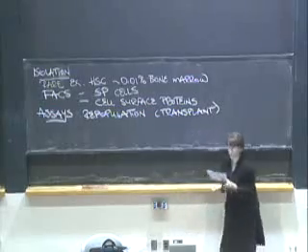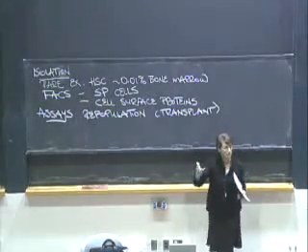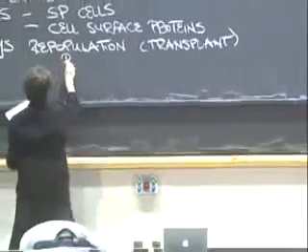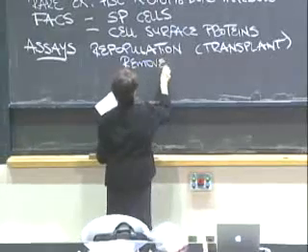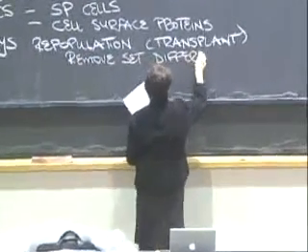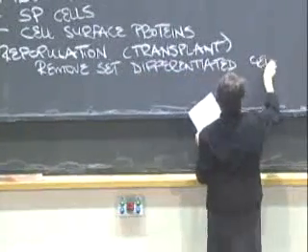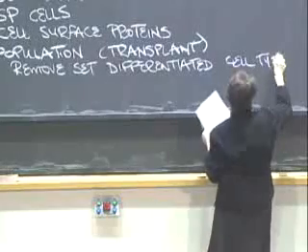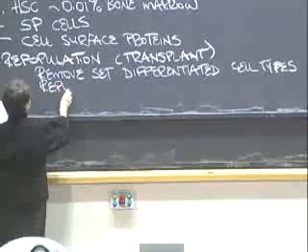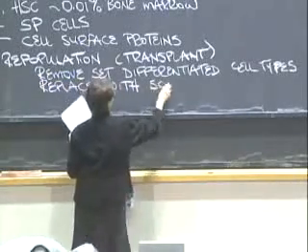And very often, you remove some endogenous group of cells and then try to replace that group of cells by using stem cells. So you remove some set of differentiated cells, and then you try to replace them with transplanted stem cells.